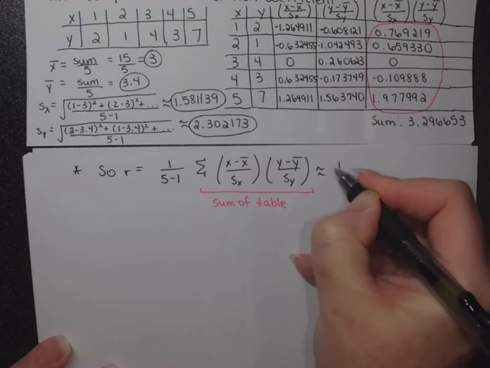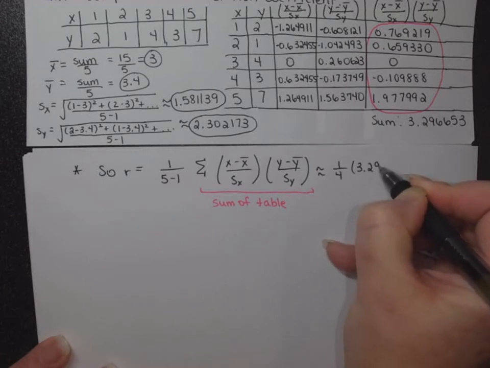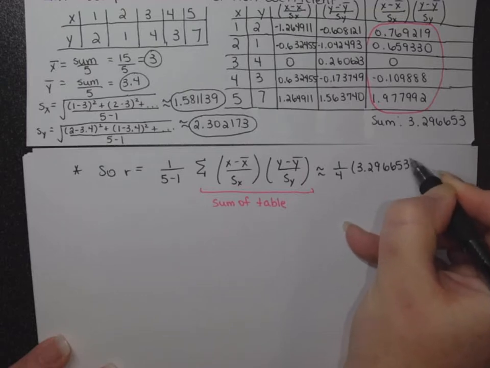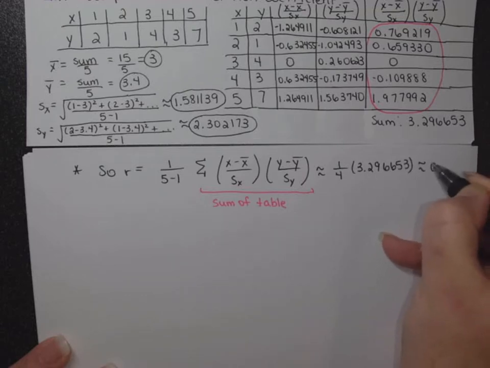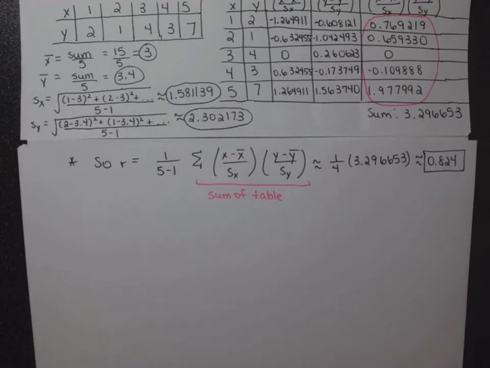This is approximate because we rounded that sum to begin with. But if you do 1/4 of that, you'll get 0.824. Usually we're going to do the R to 3 decimal places, which typically means your work in the table needs to have double that, or 6 digits, in order to get an accurate 3 digits.